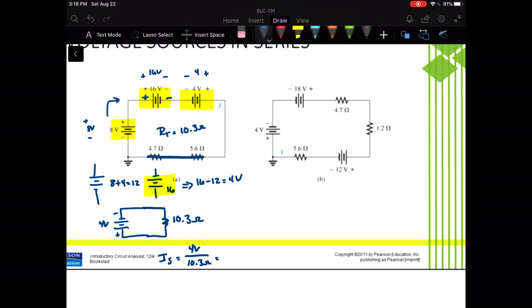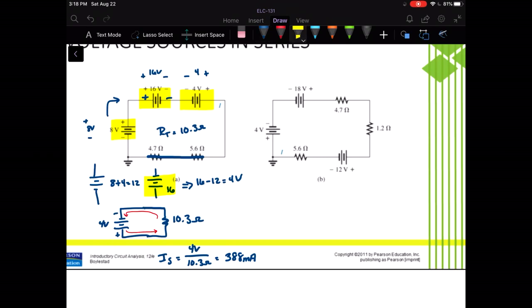Again, that's just Ohm's law, so if you're still unsure of that, please review Ohm's law. That would be about 388 milliamperes, and the direction would be from the positive terminal back to the negative right here, so in the counterclockwise direction for that circuit.